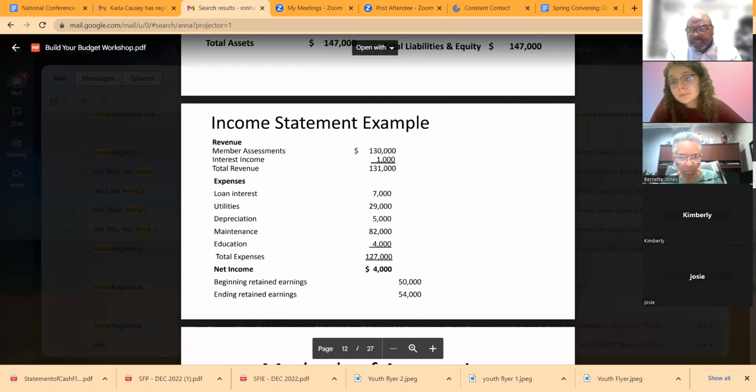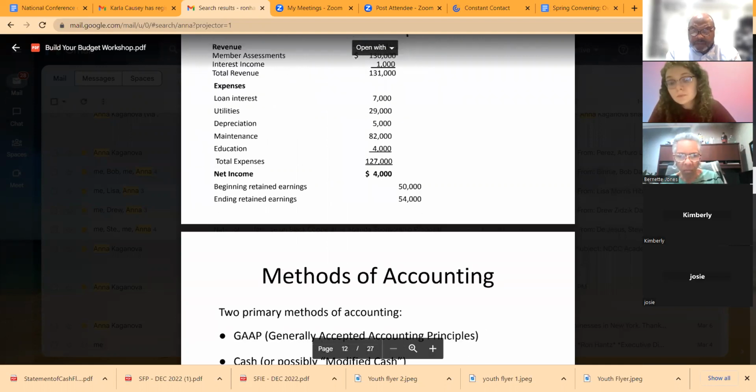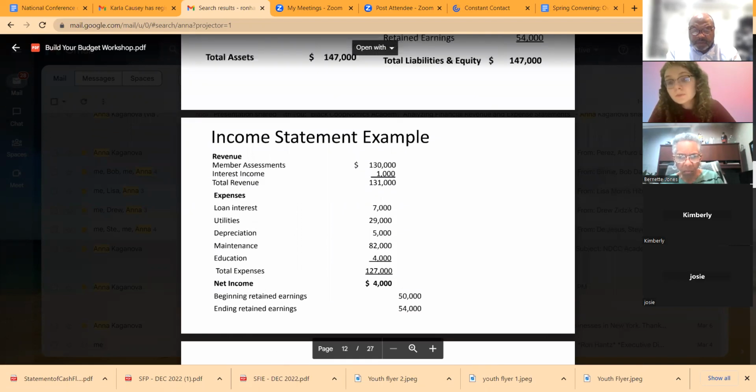And I think it's 26 and a half years that you write depreciation off. It might have changed in the new tax law. But I think it depends on what you are depreciating, whether it's real estate or a vehicle.